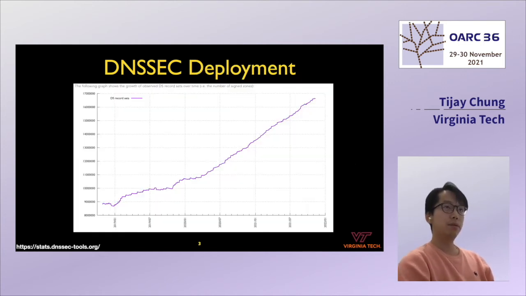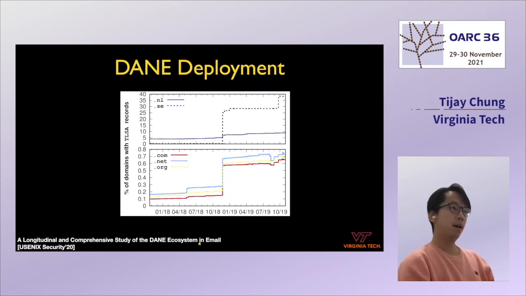And also, this is really great news that the DNSSEC deployment rate is increasing. This stat is borrowed from DNSSECtools.org. When you consider the most recent snapshots, the number of domain names with DS records set is over 70 million, which is really great. And I briefly mentioned DANE.